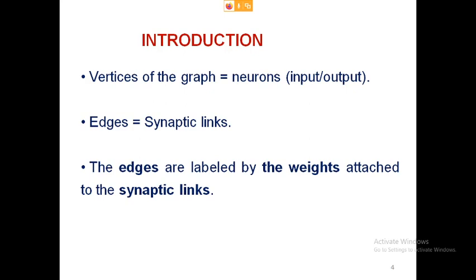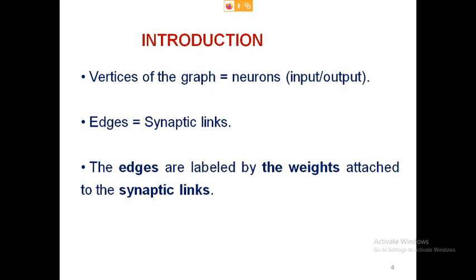Neurons may be input neurons, output neurons, or hidden neurons. Edges are similar to the synaptic links. Synaptic links are nothing but the connection links between the neurons. The edges are labeled by the weights attached to the synaptic links.